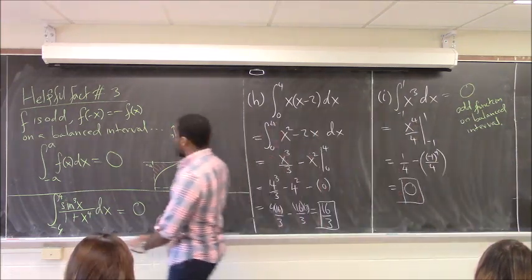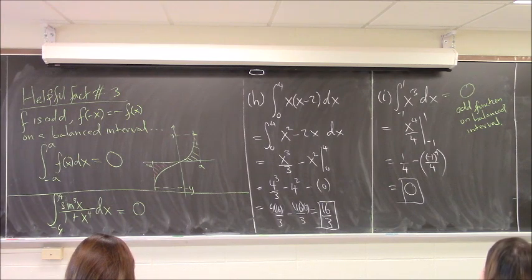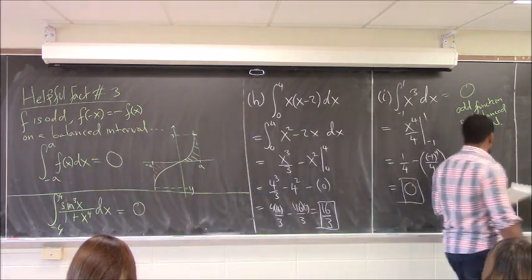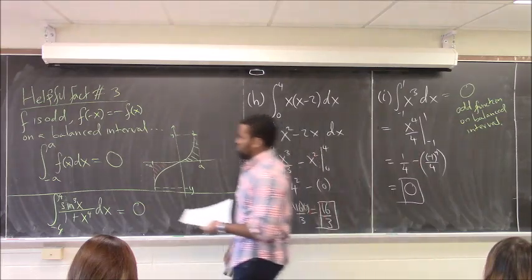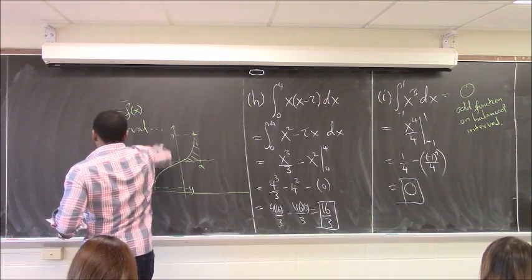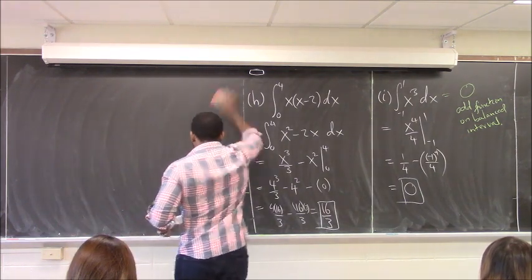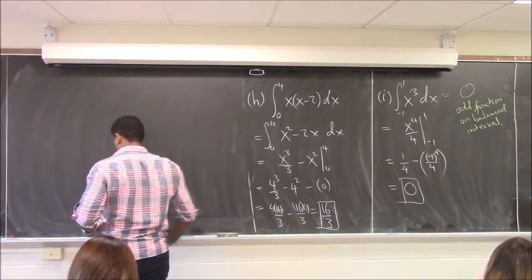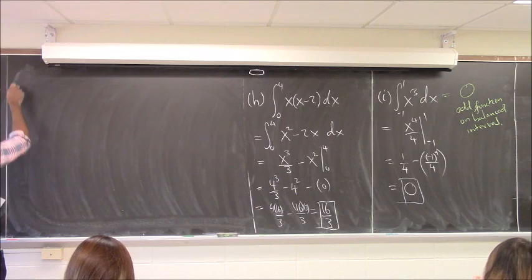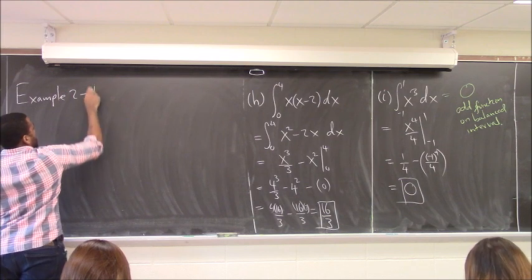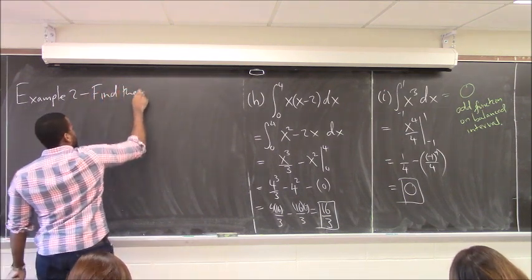Let's go to the second set of examples, where we want to get used to applying the second part of the fundamental theorem of calculus. So here, this example is to just find the derivative of the given function.